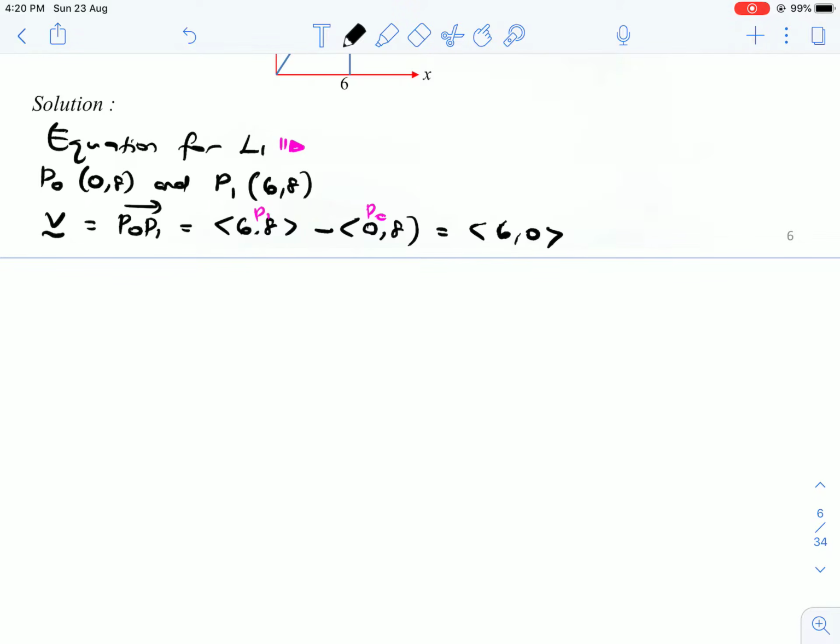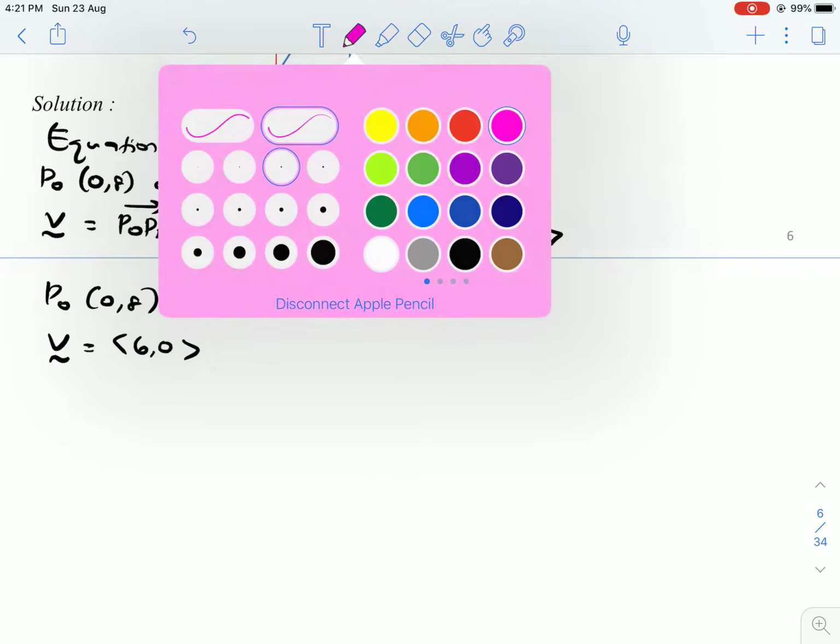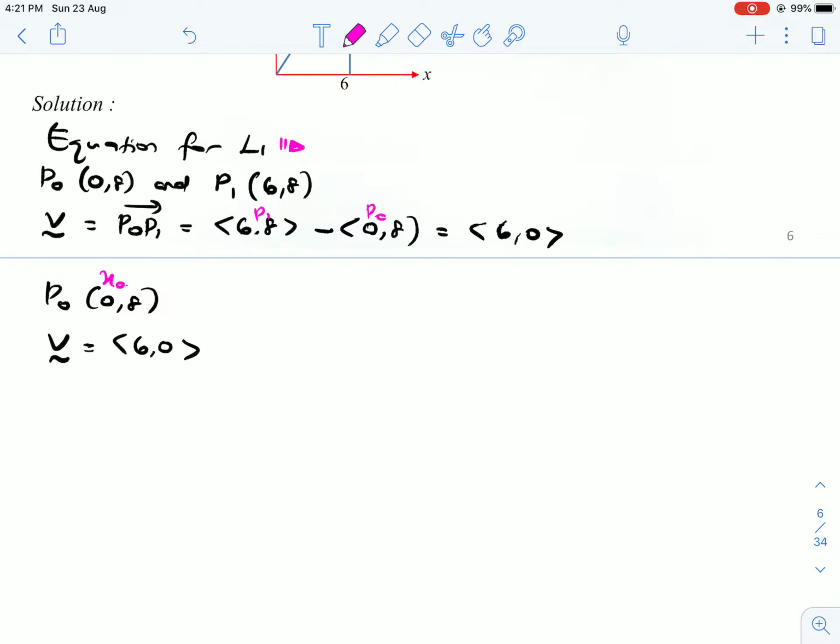So now we already have enough information to form the equation of the line for L1. I rewrite this again. P0 is (0, 8), and then we have V equals (6, 0). So this is our x0 and y0, and this is our A and B.